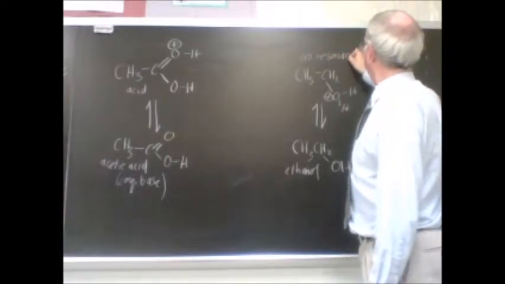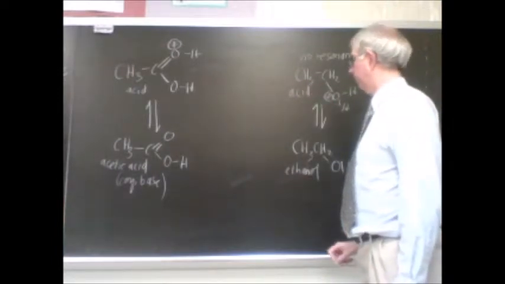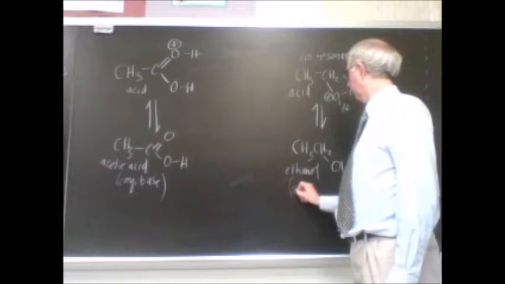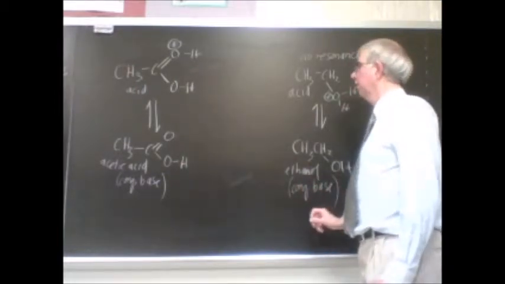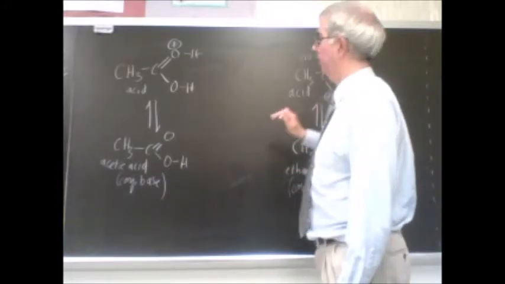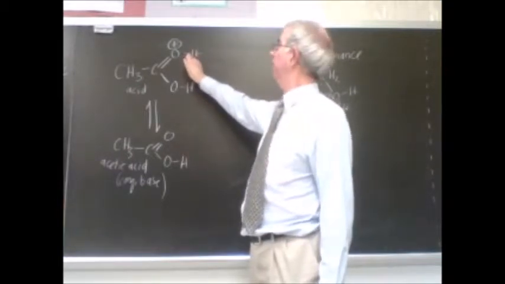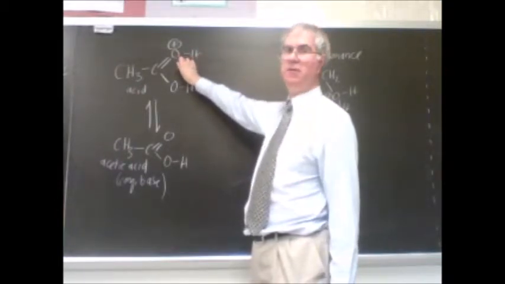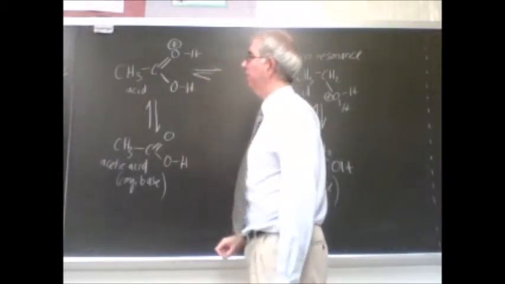So the acid form can do no resonance. And ethanol is simply the conjugate base of this acid. But this one, as long as I put the H plus onto this oxygen, now I can do some resonance.